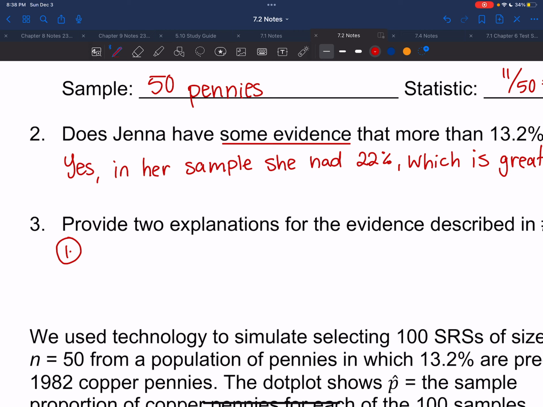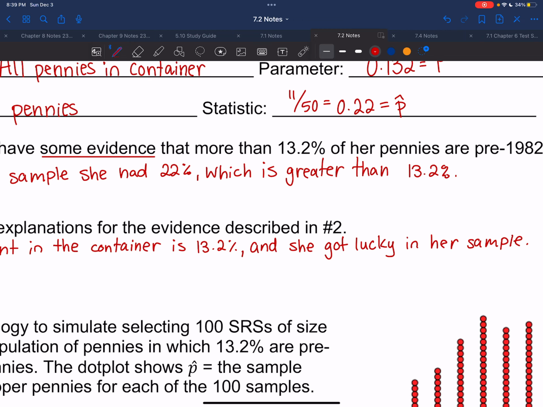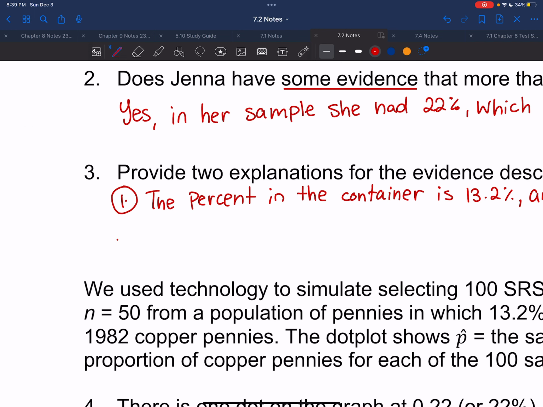It could be that the percent in the container is actually 13.2%, and she got lucky in her sample. You know, maybe she just grabbed a few extra pre-1982 pennies by accident, right? Just got lucky. So that's one possible reason.